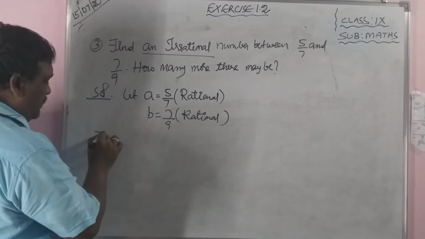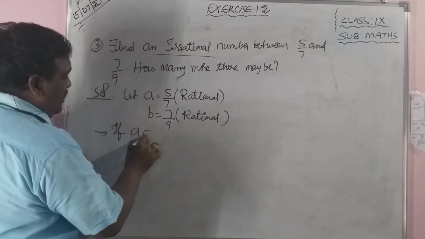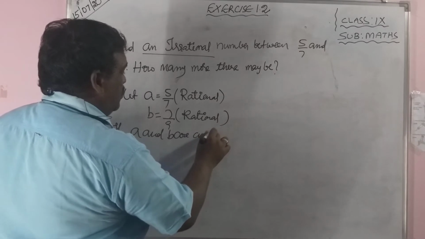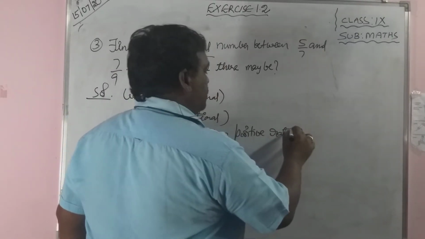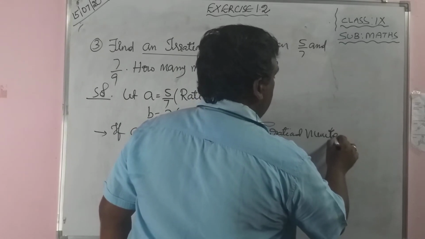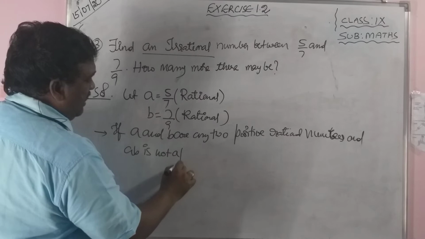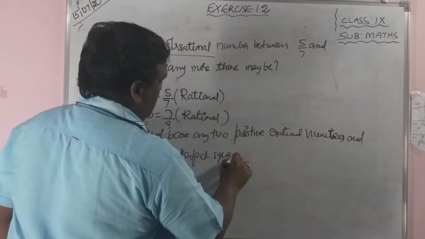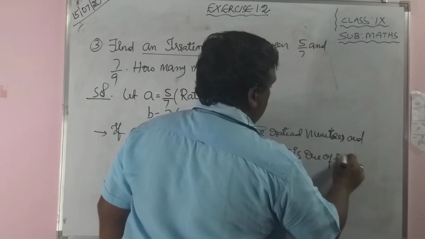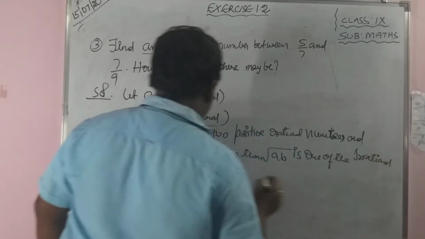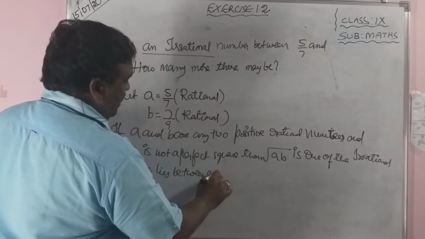There is one important point to find an irrational number. Write it down: if a and b are any two positive rational numbers, and ab is not a perfect square, then root ab is an irrational number that lies between a and b.